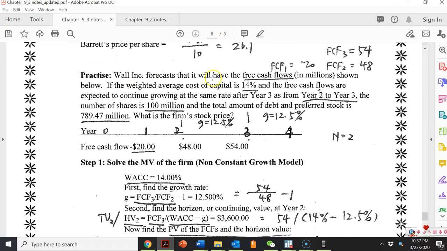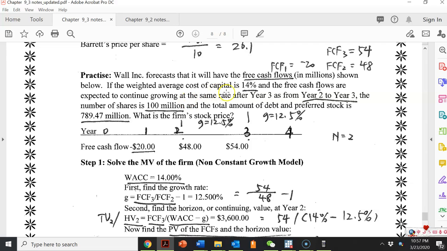This company forecasts that it will have the free cash flow in millions shown below. As shown on this timeline, we have year 0, 1, 2, 3, 4, and the free cash flow for 1, 2, 3 are here. Free cash flow 1 is negative 20 million, free cash flow 2 is 48, free cash flow 3 is 54.